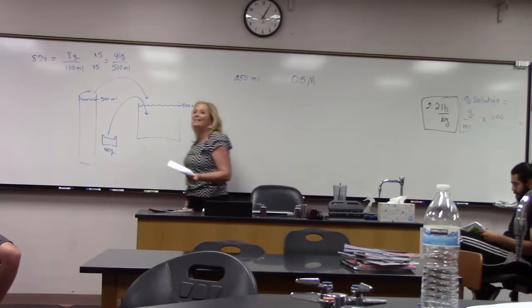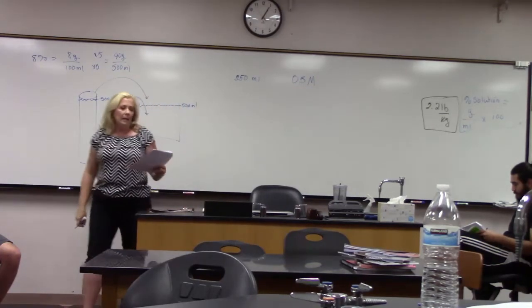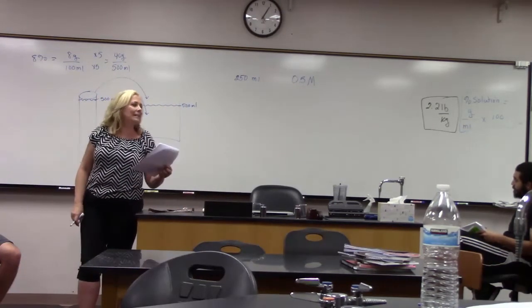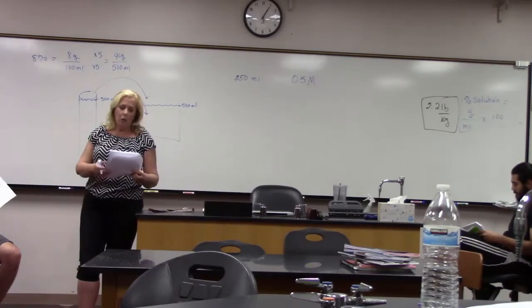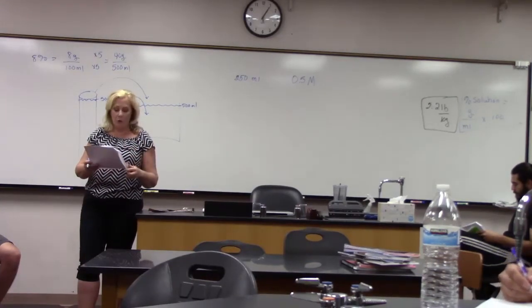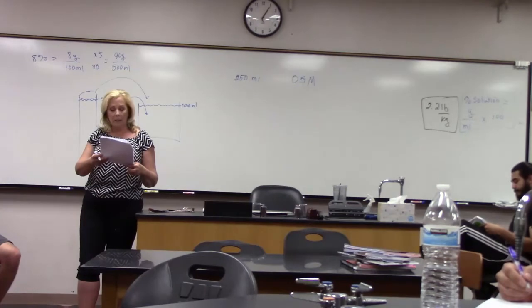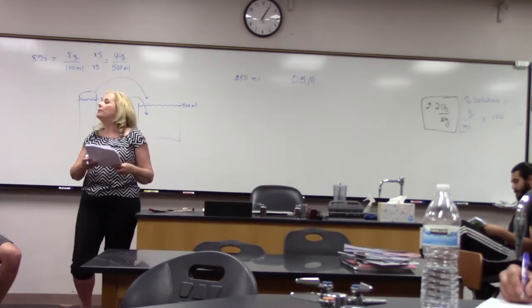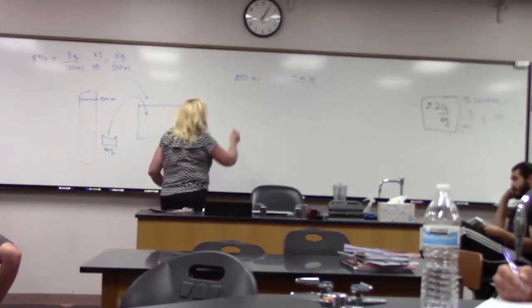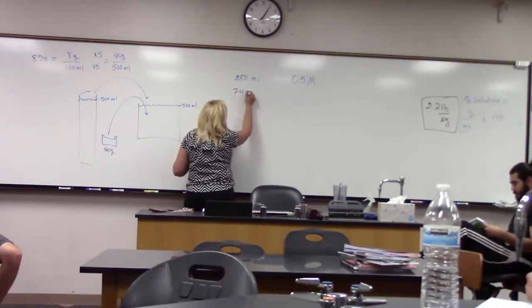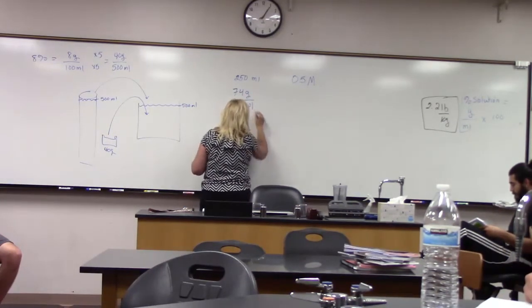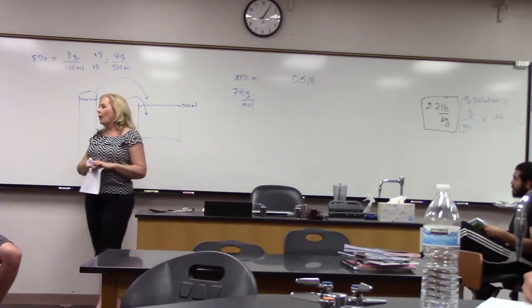Now, there's a hidden number here. It is potassium chloride. So one of the other numbers, if you go back, is the molecular weight. And for potassium chloride, the molecular weight is 74 grams per mole. Okay, so we have all our numbers down.